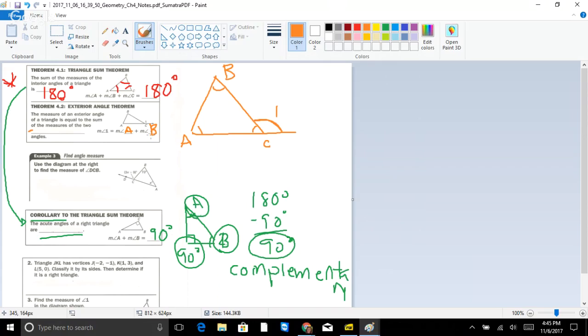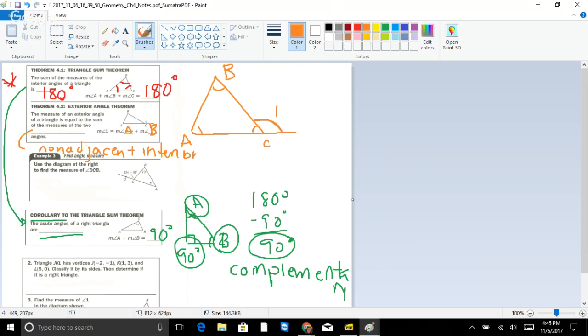And the fill in here is, I'm not going to be able to fit in there, non-adjacent. That means the ones that are not next to it, non-adjacent interior angles. Okay? So let me just read this theorem out.